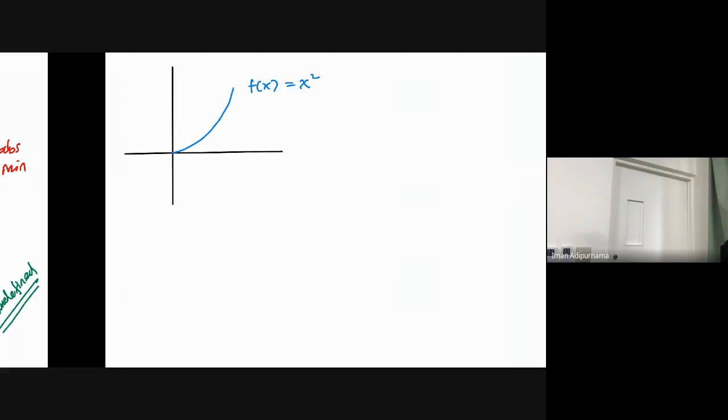Because it's only a quadratic, x squared, when you derive, it's just a linear function, right? It's easy to derive. And I will write this as f prime of x equal to 2x.